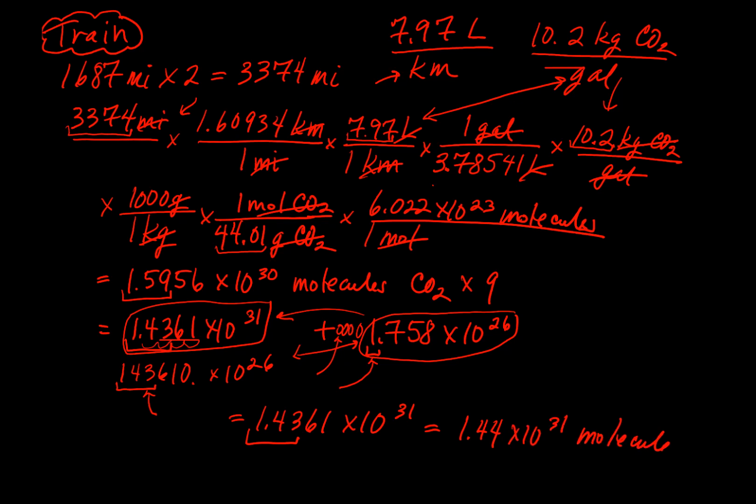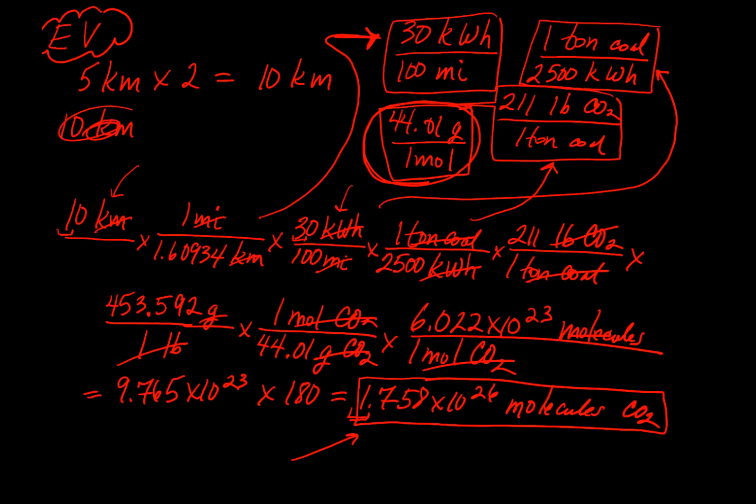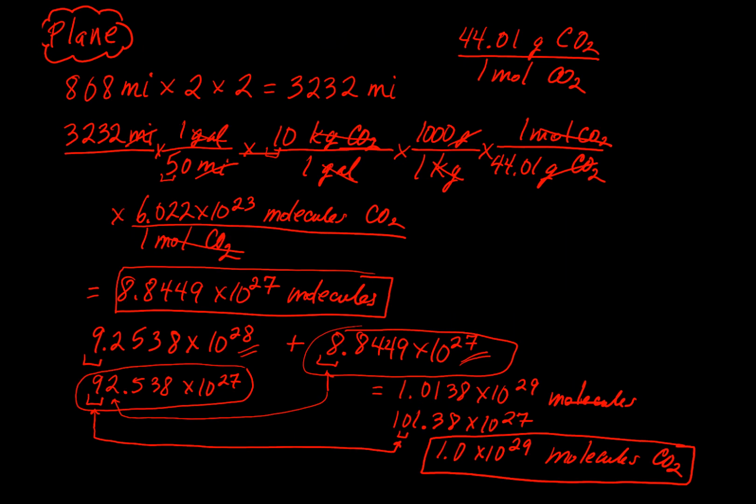So our final comparison here: we want to know which student emits more CO2 molecules in a given year. And you can really just look at the exponents here because they are such big numbers. The total emissions from student A is on the order of 10 to the 31st. And if we go back to the total emissions, that was student B. If we go back to the total emissions for student A, you've got 10 to the 29.